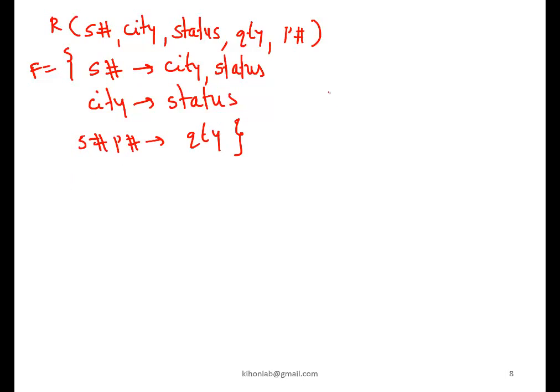Now how can we get F plus, the logically implied dependencies along with the original ones? Here, by using decomposition, which we have just discussed in Armstrong's axioms, from S hash derives CT status, I can get S hash derives CT and S hash derives status.